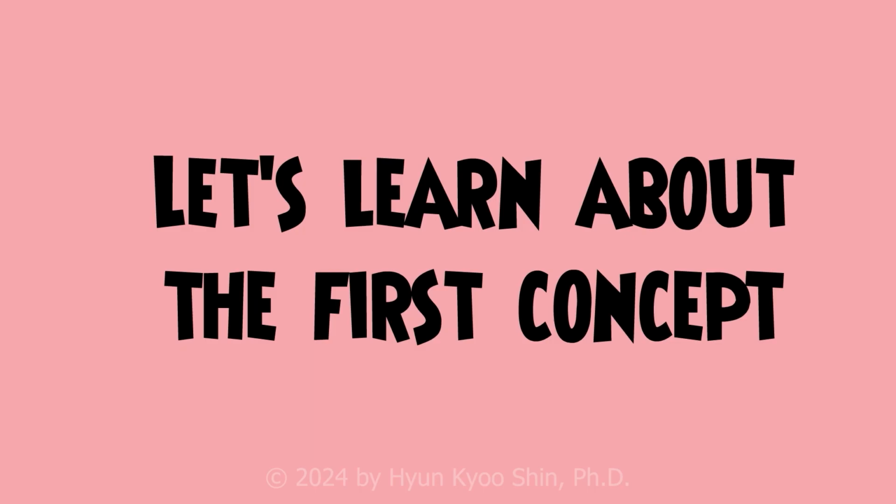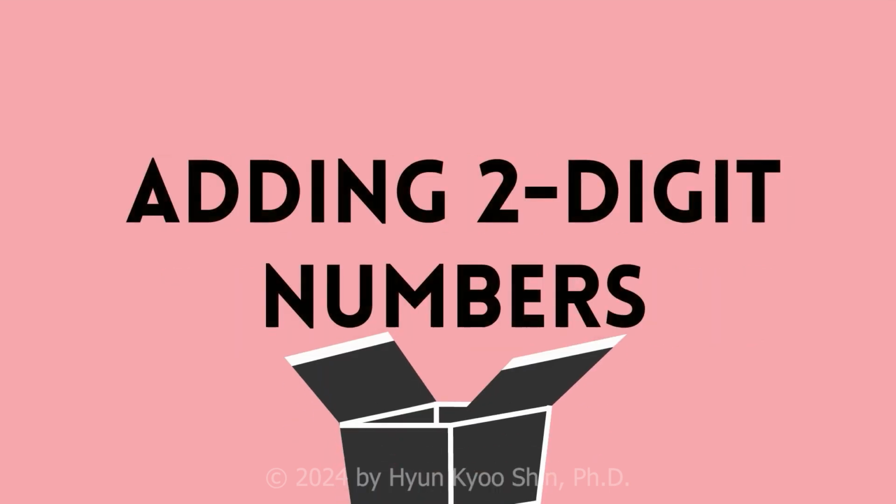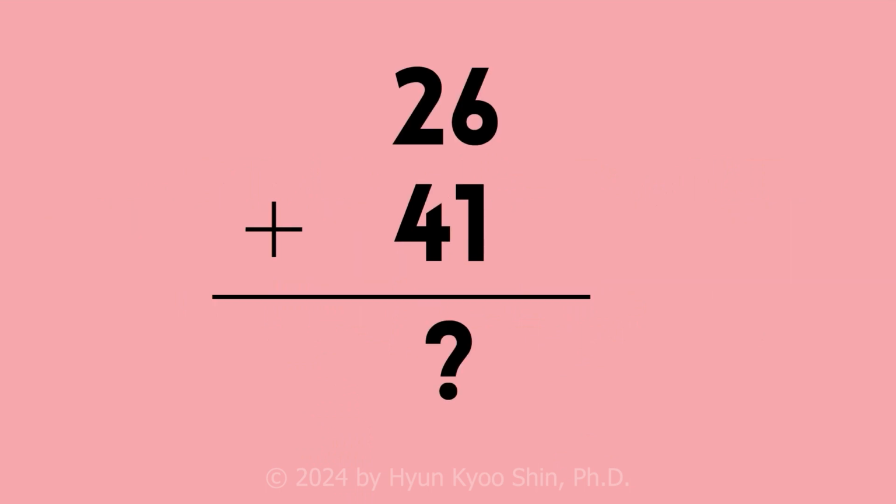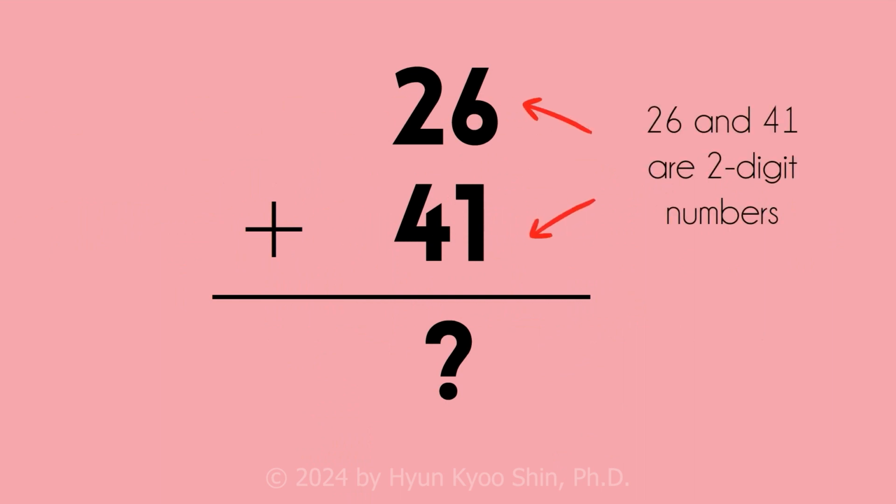Let's learn about the first concept. Adding two-digit numbers. Let's have an example. 26 plus 41 is equal to... 26 and 41 are two-digit numbers.